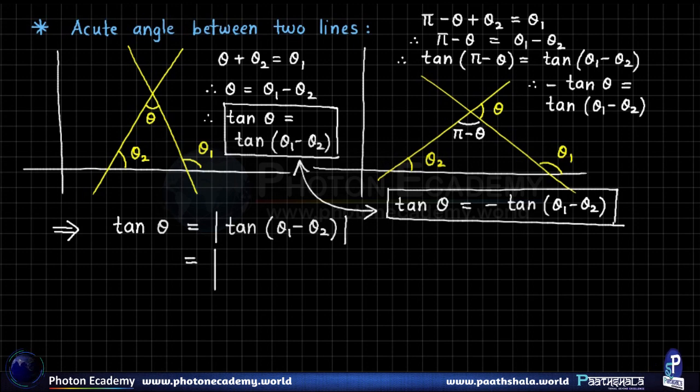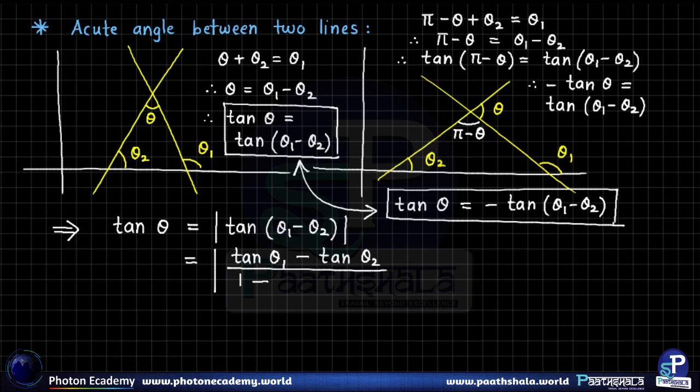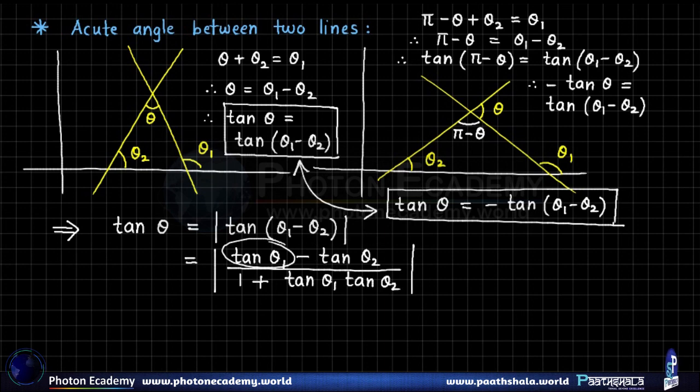Now expanding the expression for tan of theta 1 minus theta 2, we know the compound angle formula, that gives us tan theta 1 minus tan theta 2 upon 1 plus tan theta 1 into tan theta 2. And we can replace tan theta 1 by m1, which represents the slope of the first line, and tan theta 2 by m2, which represents the slope of the second line.